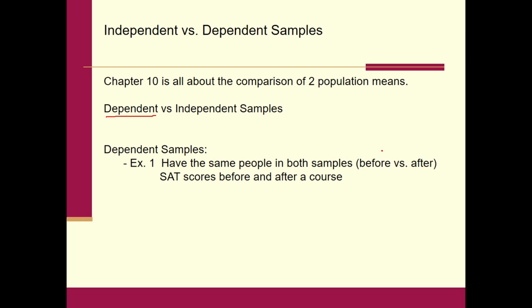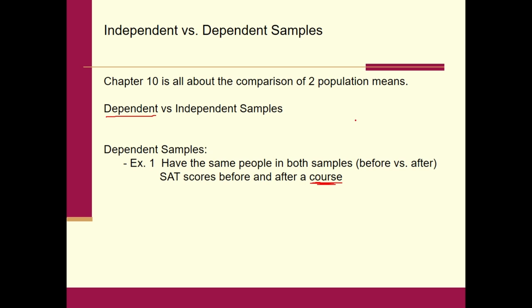So let's say that you have some students who took the SAT and didn't do as well as they wanted to. And so they said, maybe we need to beef this up a bit, and I need to take a course. So they take a course, and hopefully they've done better on an individual basis.